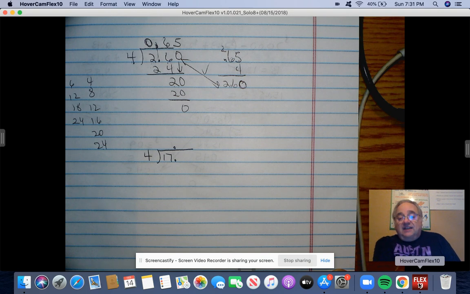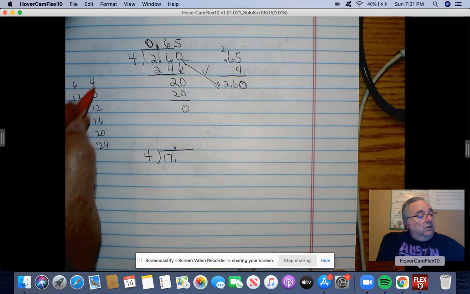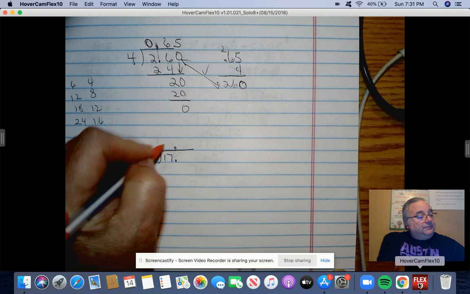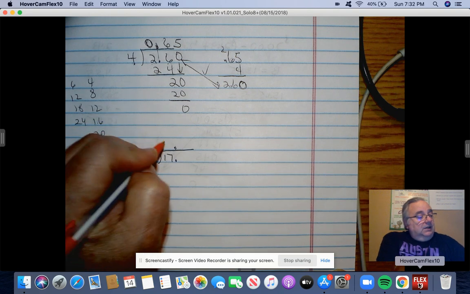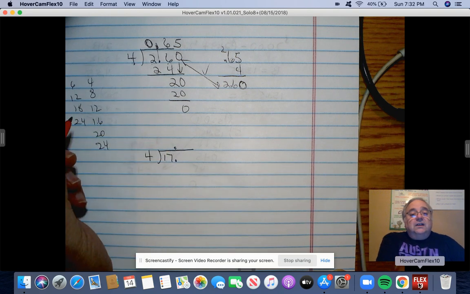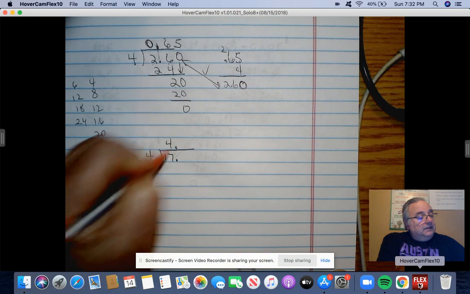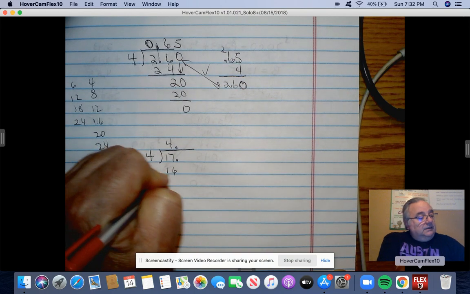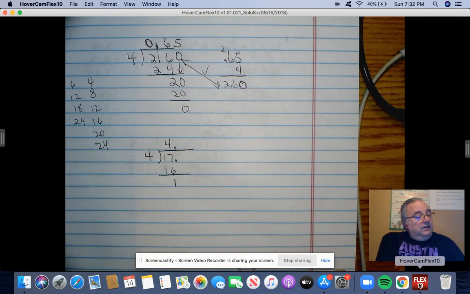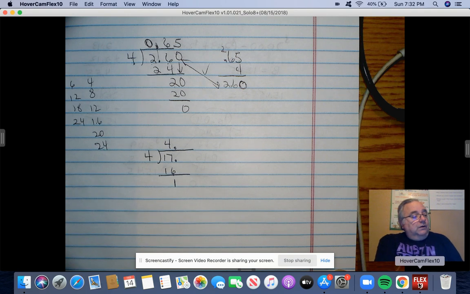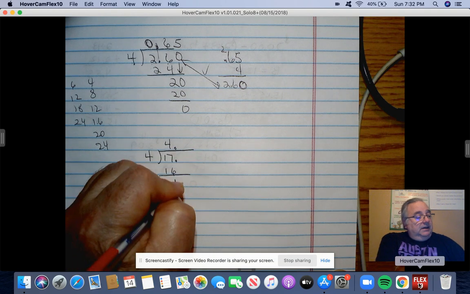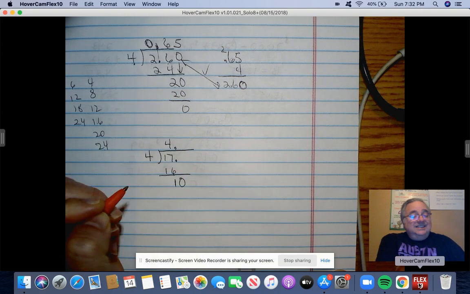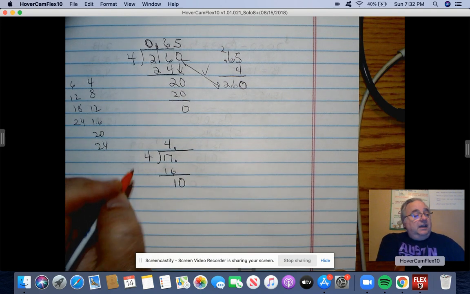We get an answer. So how many times does 4 go into 17? Well, let's see. 1, 2, 3, 4. So I know it is 4. That gives me 16. Can we divide 4 into 1? No, we can't. Can we divide it into 10 tenths? Yes, we can.